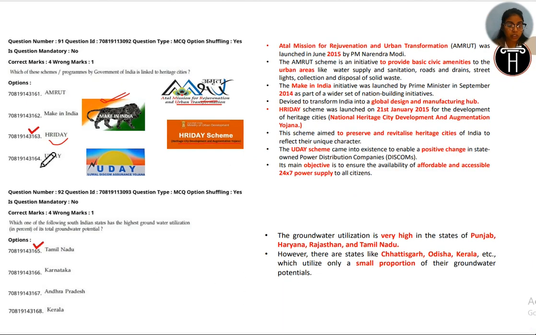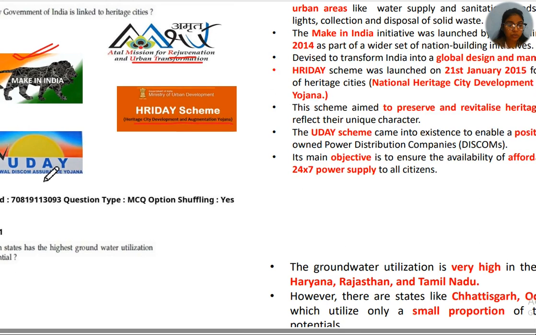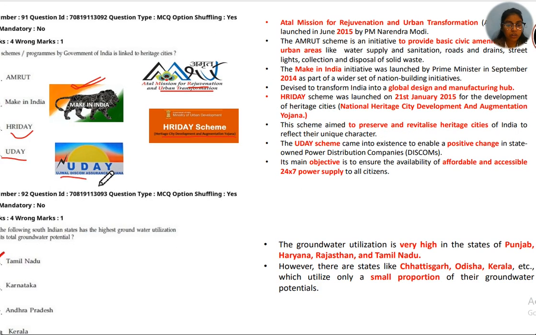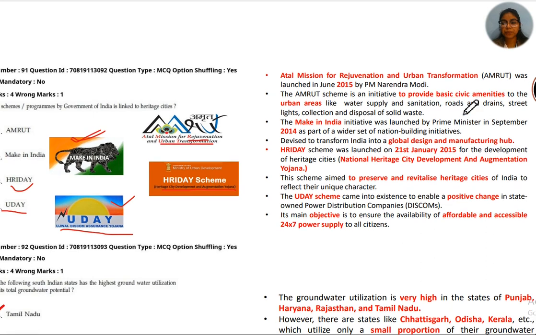The next option was Uday. Uday is for Ujjwal Discom Assurance Yojana. Please remember the logo also. Now look at Amrut, Atal Mission for Rejuvenation and Urban Transformation. It was launched in 2015 by our Prime Minister Narendra Modi. The aim was to provide basic amenities to urban areas.